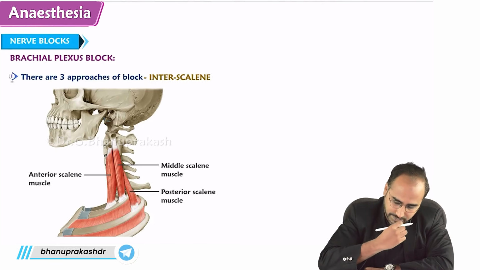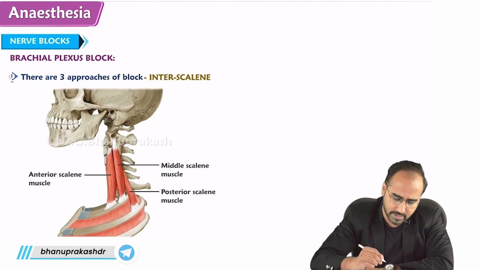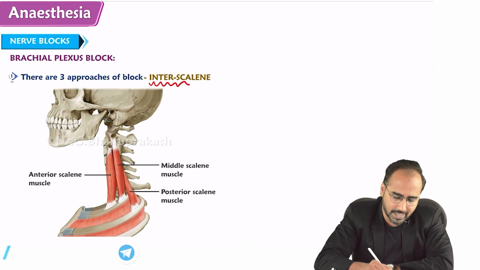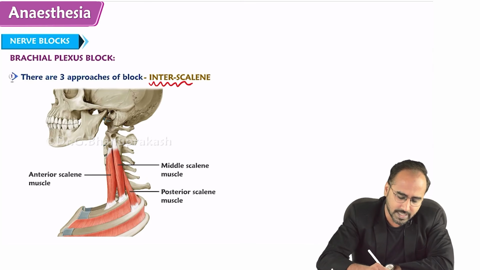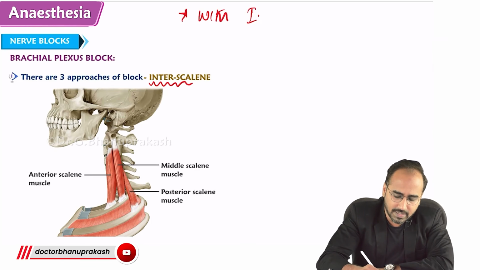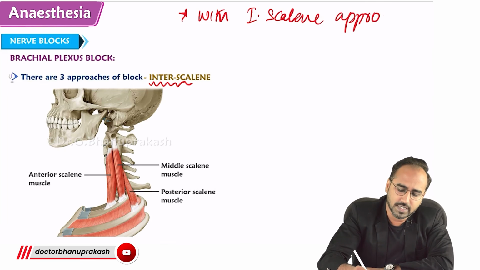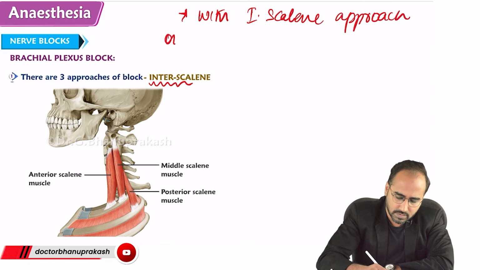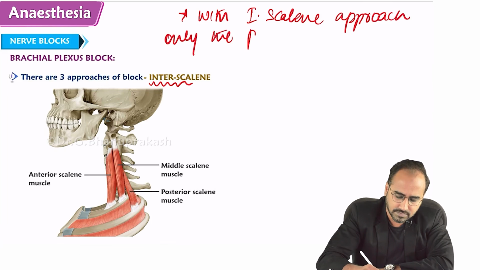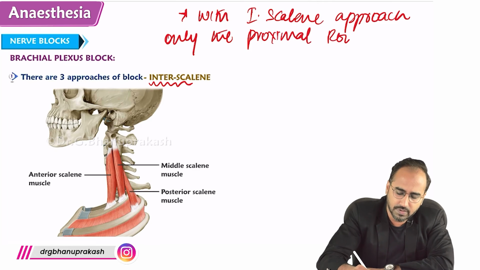So once again, guys, there are three approaches of brachial plexus, starting with the interscalene approach. With the interscalene approach, only the proximal roots are blocked.